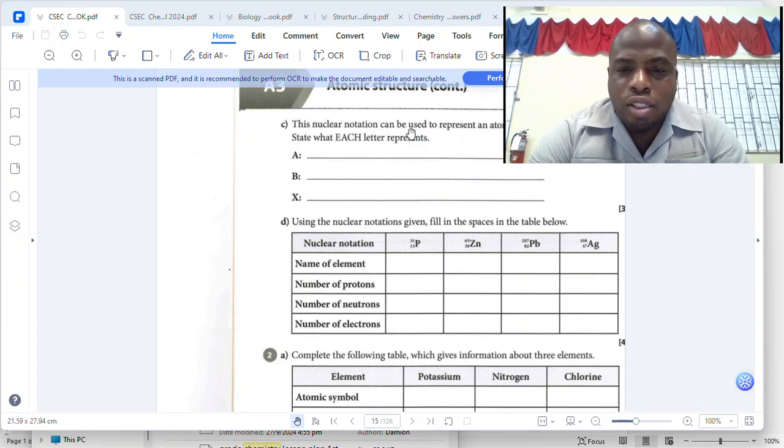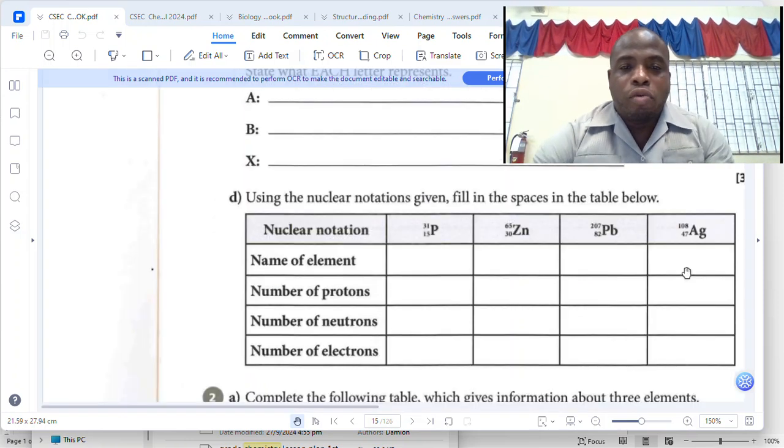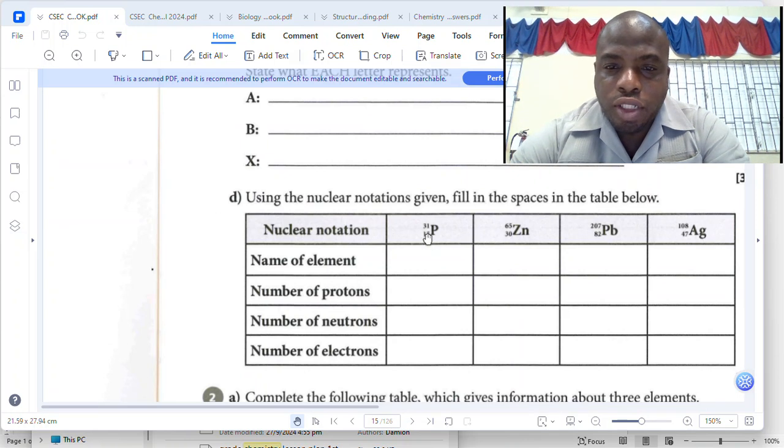Number of protons, and I want to bring it up a little bit. Remember the notation here. This is a 15, and so the number of protons is 15. This is the atomic number. Remember, the atomic number tells you the number of protons.